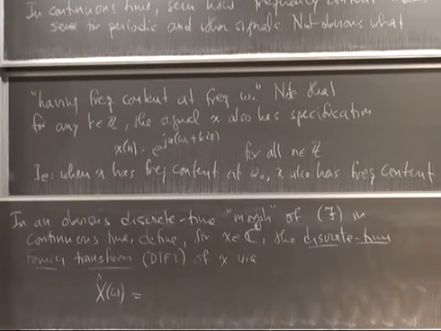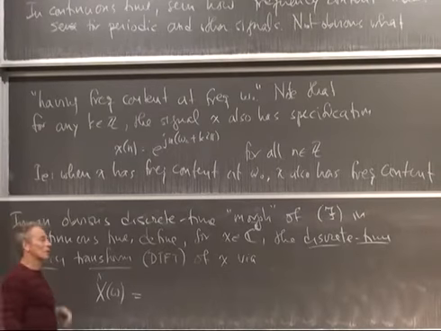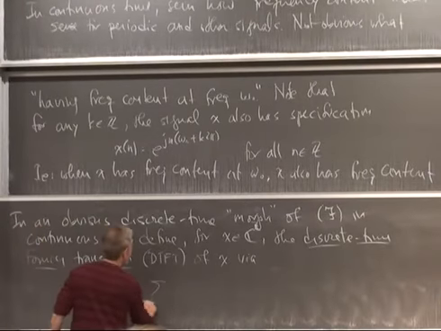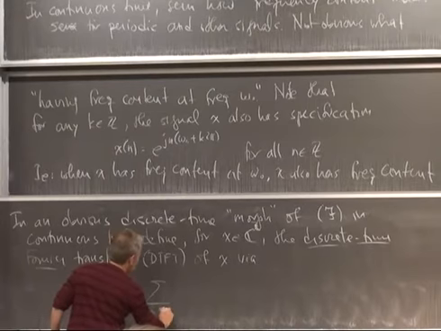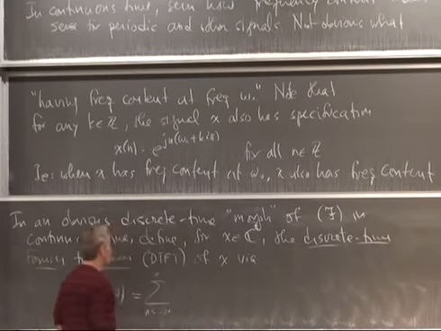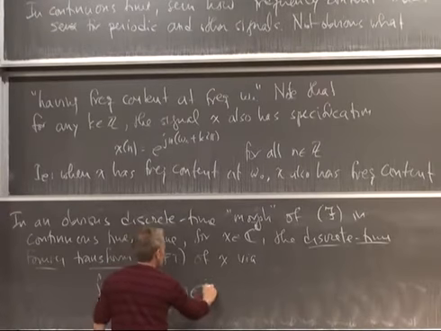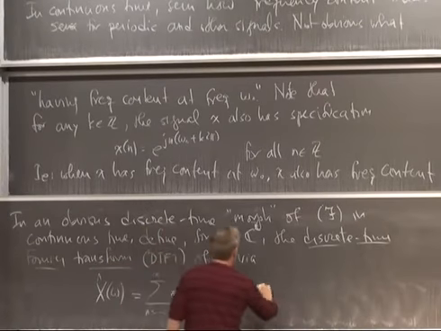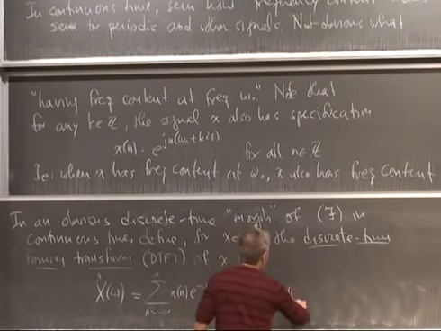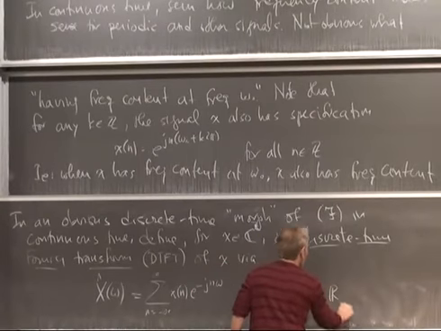and remember this is going to be an obvious discrete time morph of equation script f, so the integral becomes a sum from n equals minus infinity to infinity, sum over all time, of x of n e to the minus j n omega, for all omega in the real numbers.